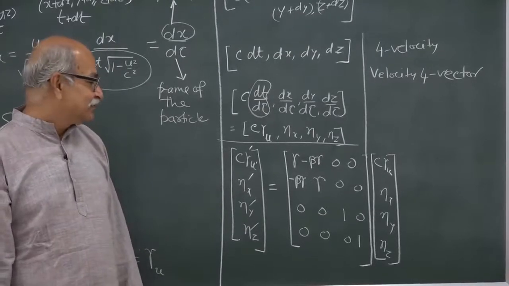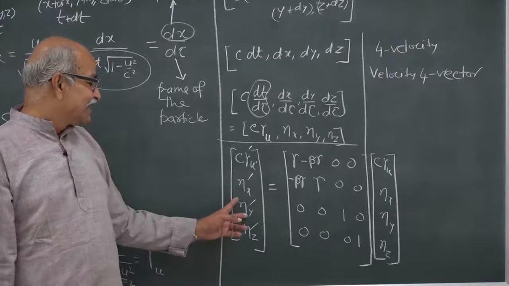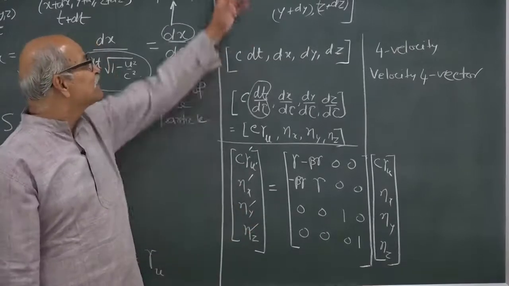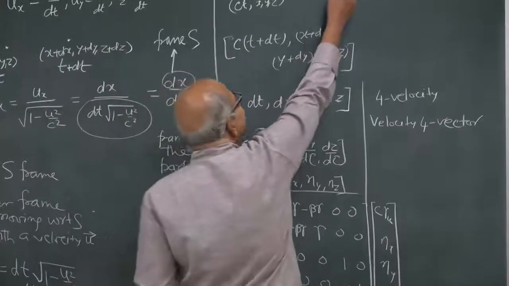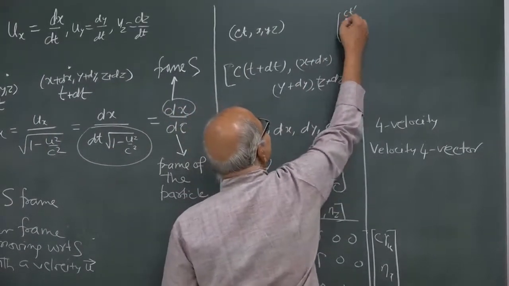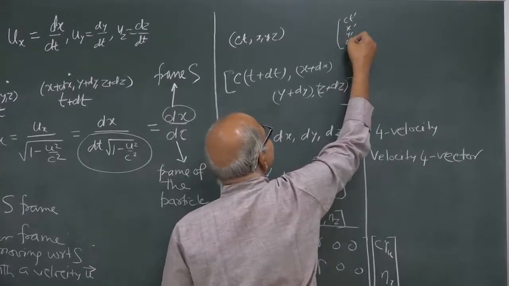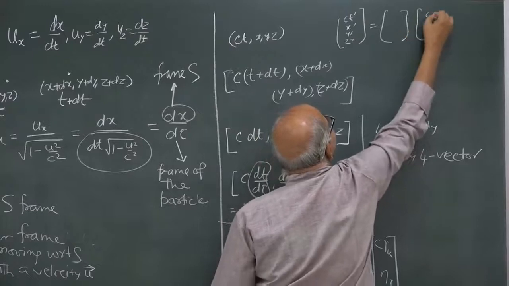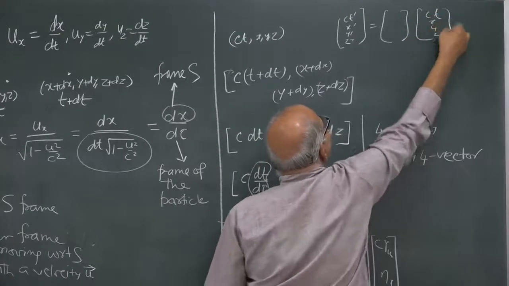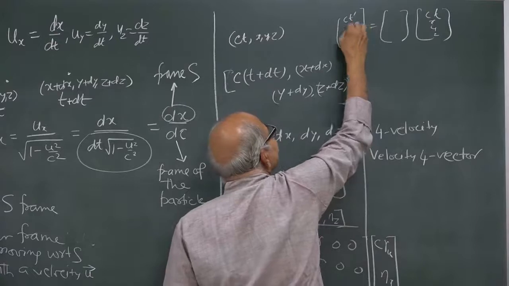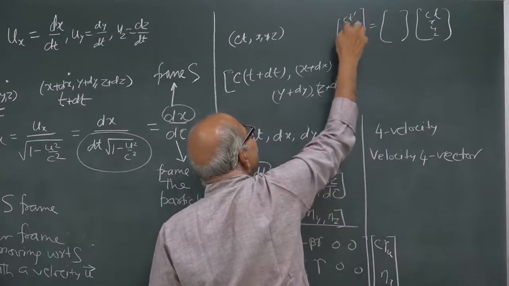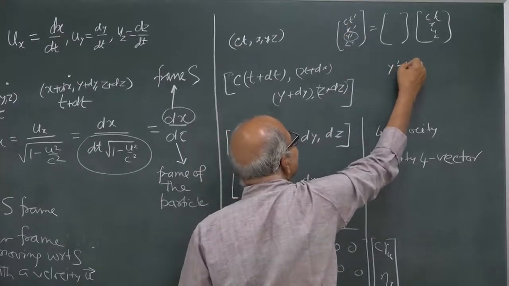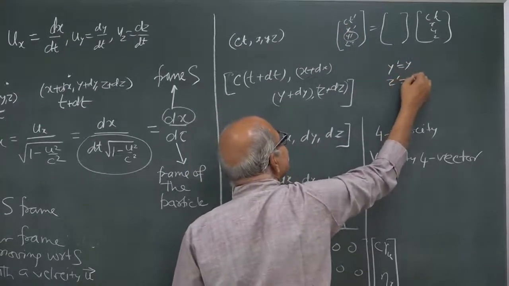So, you can immediately write what is eta y prime. You remember, for this transformation, if you write this as Ct prime, x prime, y prime, z prime, and then that Lorentz transformation matrix acting on Ct, x, y, z, you very well know that for the 0th component, first component, second component, this y prime is equal to y and this z prime is equal to z.